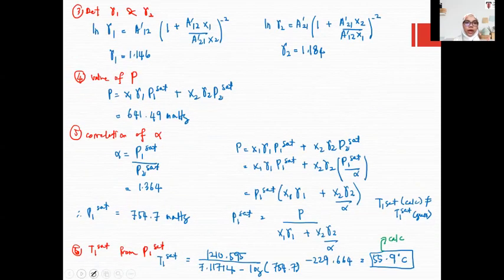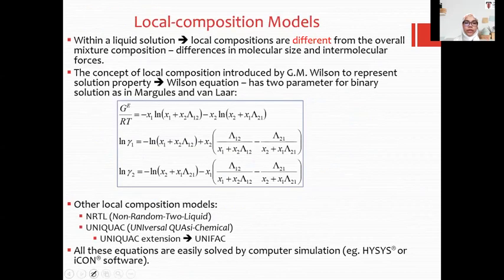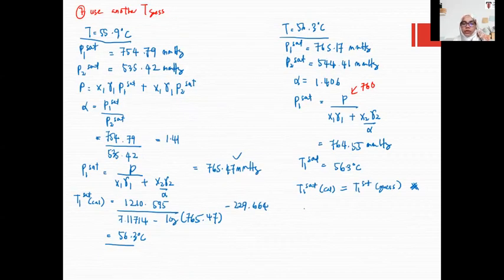How about Yi, or the composition? First you need to determine it based on P. So we can have P equal to Yi P equals S1 gamma 1 P1 saturation.